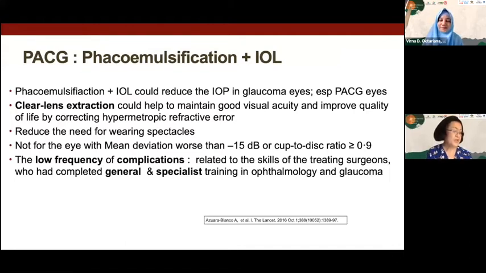With this treatment in most PACG eyes, the target IOP is usually up to 15-20 millimeters of mercury. However, phacoemulsification only is not indicated for eyes with Humphrey visual field mean deviation worse than minus 15 decibels or a cup to disc ratio of more than 0.9.